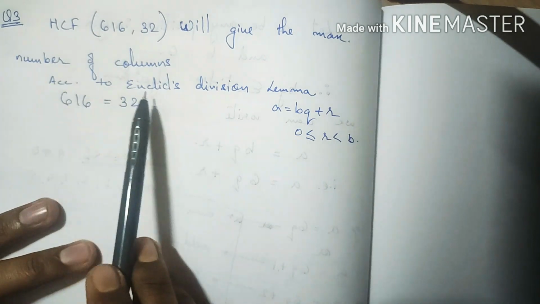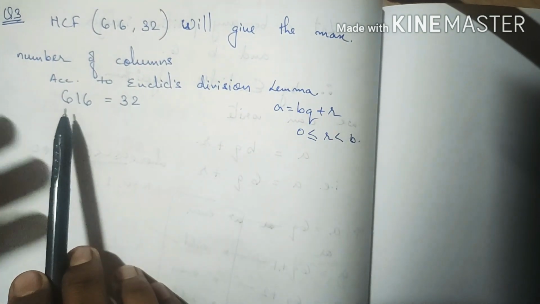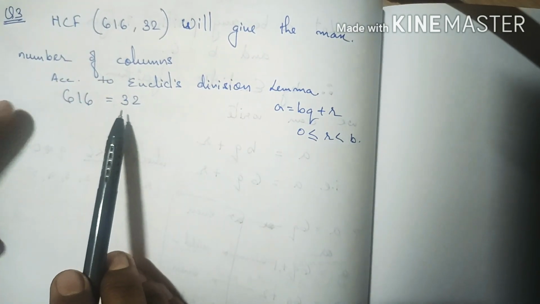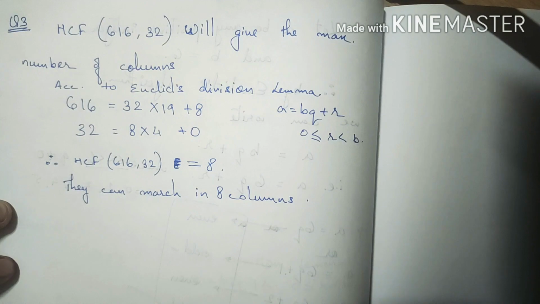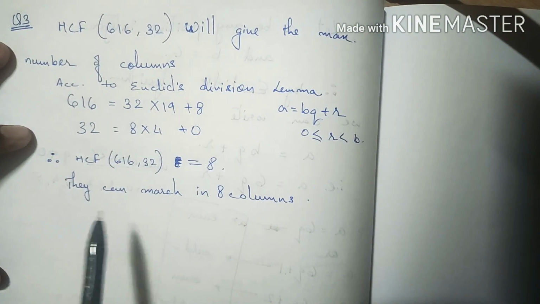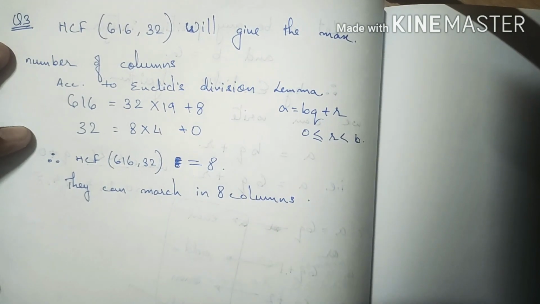According to Euclid's division lemma, A equal to BQ plus R, where R is between 0 and B. 616 is greater than 32, so it will become A and this will become B. In this way, we can conclude that the HCF of these numbers is 8. Always remember this concluding statement: they can march in 8 columns.